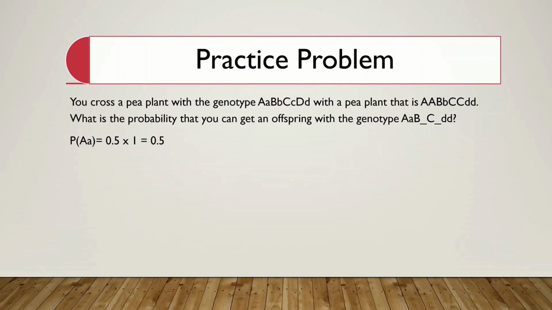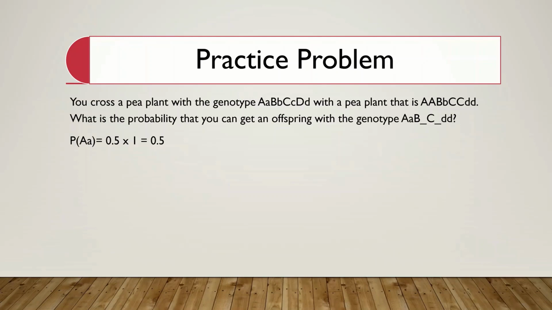So the practice problem is you cross a pea plant with the genotype big A, big B, big C, big D with a pea plant that is big A, big B, big C, little d. And we're looking for the probability of the offspring having the genotype big A, B underscore, C underscore, little d.